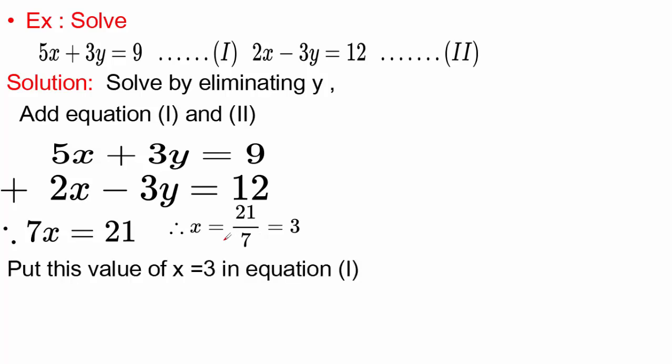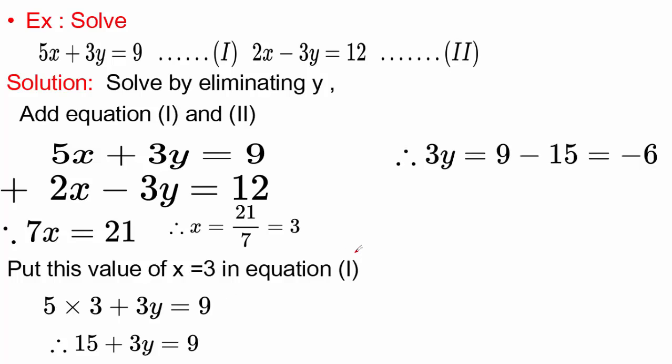We shall put this value of x equal to 3 in equation 1. 5 into 3 plus 3 into y equal to 9. That is 15 plus 3y equal to 9. Therefore, 3y equal to 9 minus 15. We have transferred 15 to the right hand side.